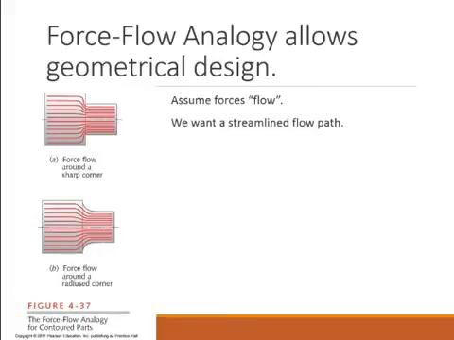Another thing as we consider increases in the stress is to look at an analysis of force flow. This analogy basically allows us to look at it geometrically and come up with a good way of reducing the stress concentrations. Notice the analogy is to say that forces move along the beam sort of like fluid moves along a pipe.